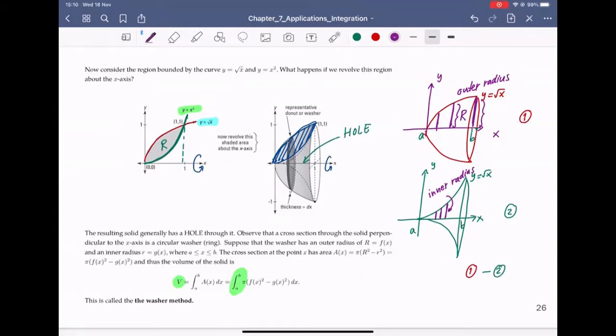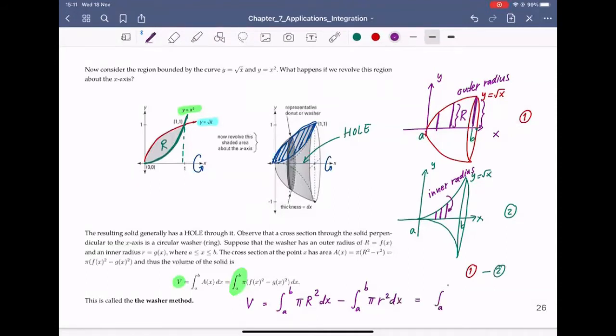So actually the formula is going to be V equal to the integral from A to B of pi r squared, where the big R is the outer radius, in x, minus the integral from A to B of pi small r, meaning inner radius, squared dx. And then after that, you can group them together.